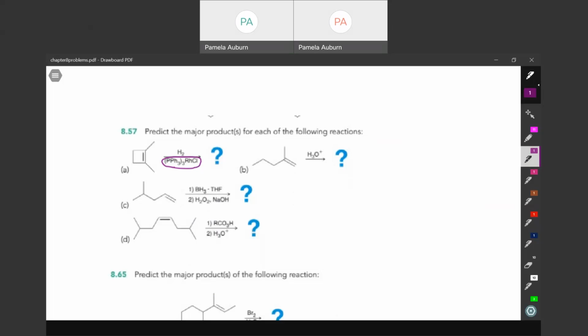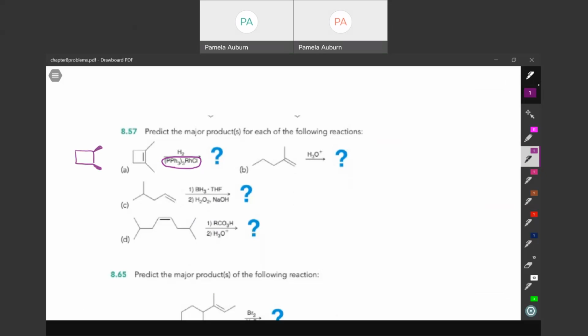And then when it's chiral, you get asymmetric preferences. So the way that you would simply do this is syn addition. And so you would get the two methyl groups either coming up or both going down. And it's the same thing because of symmetry.